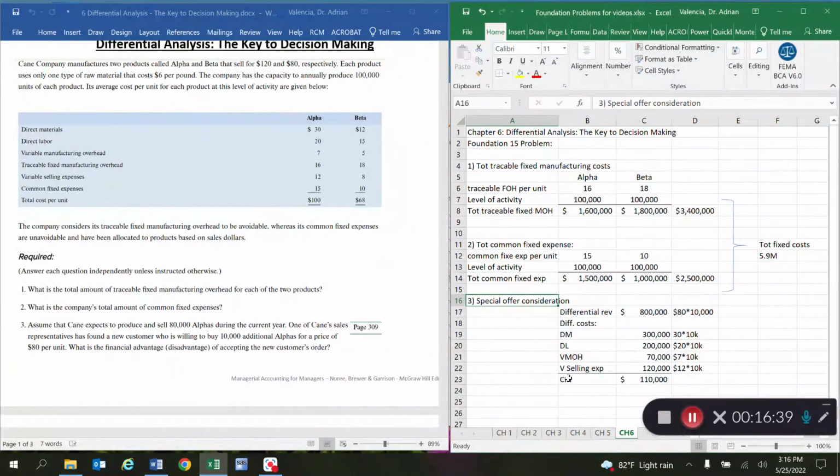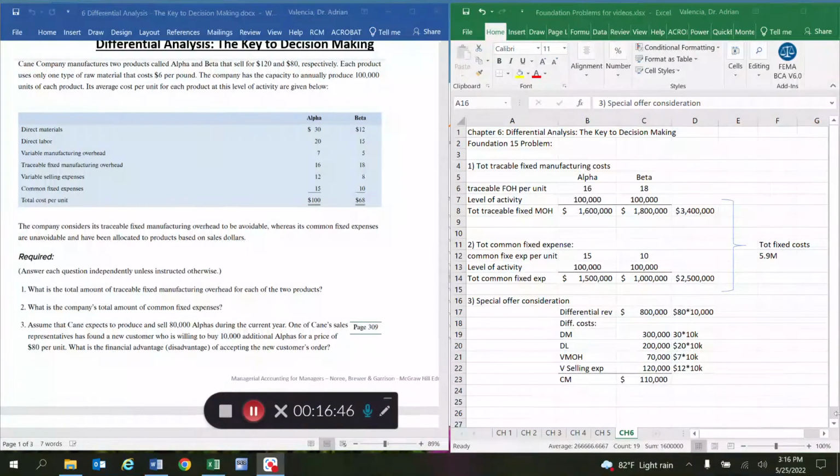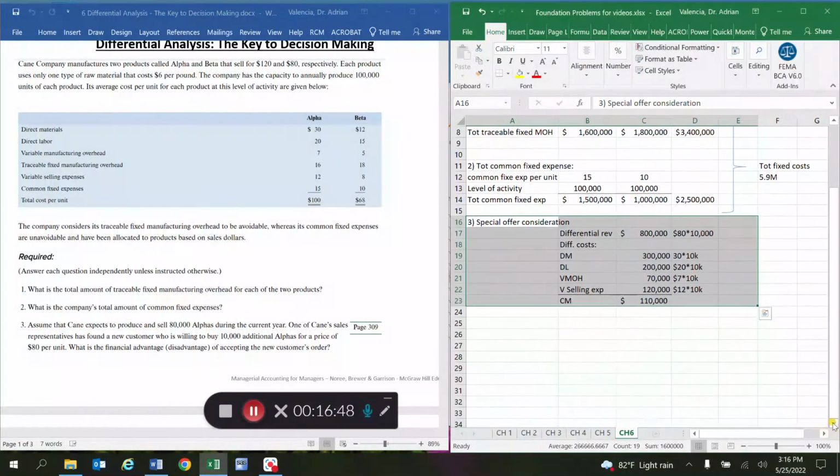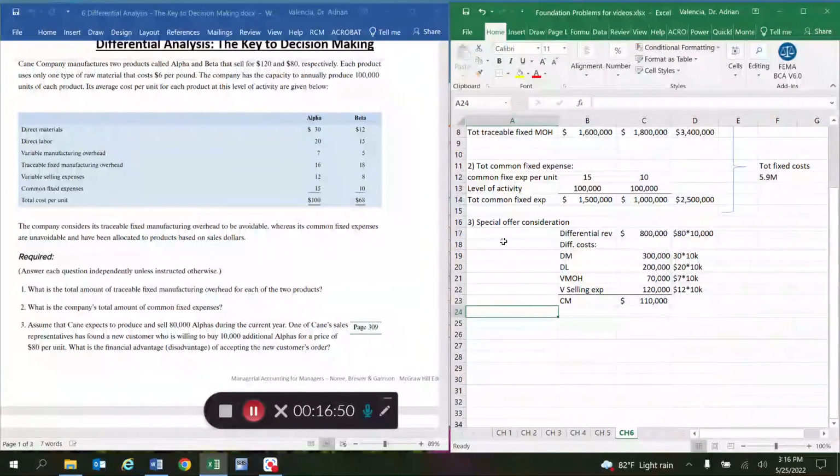Again, maybe I haven't said this, but this is just the consideration of the financial consequences, right? We are going to increase our profit by accepting this special offer. Now, there are some qualitative factors that we need to keep in mind that we may not be considering right now. So, for example, if we sell this item below what we normally sell it at to the market or customers, we have to make sure that other customers that are paying 120 do not find out about this, right?